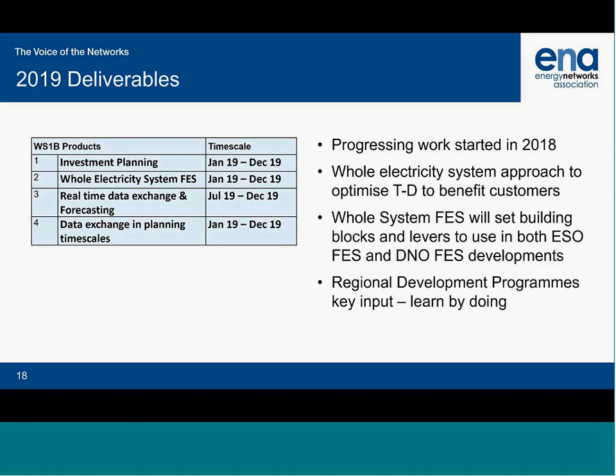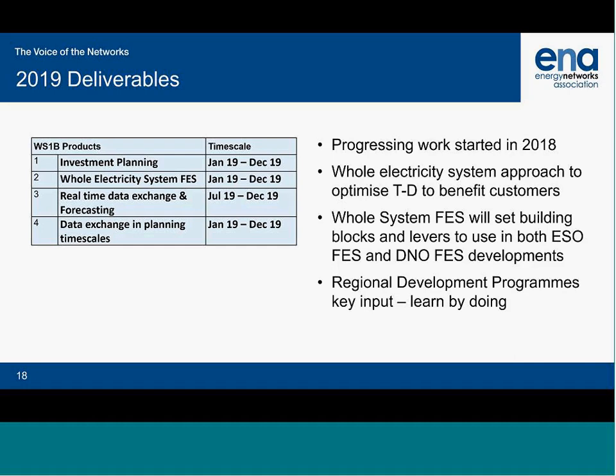The data exchange in planning timescales, product 4, will look to identify the complete range of data exchange in other products, but also as demanded by the system operation guidelines and statement of works, which is going on separately, and there are code changes being proposed for those. So we want to make sure that we bring together all those changes in one proposal.